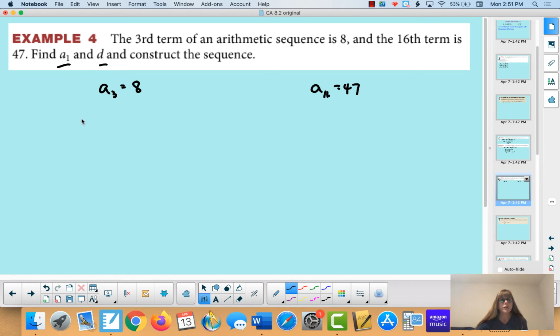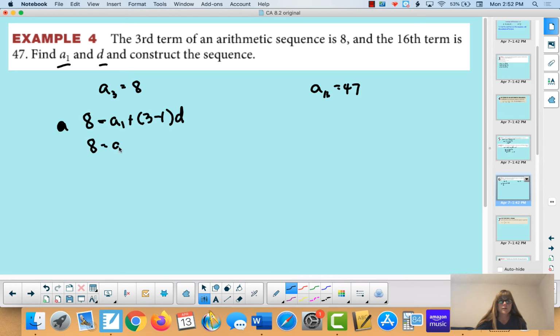So what we can do is use the formula with both of those as variables. So in this case, our a sub n is a sub 3, and that's 8. So 8 equals a sub 1, we don't know what that is. We know that n is 3 because that's the third term. And we don't know what d is.